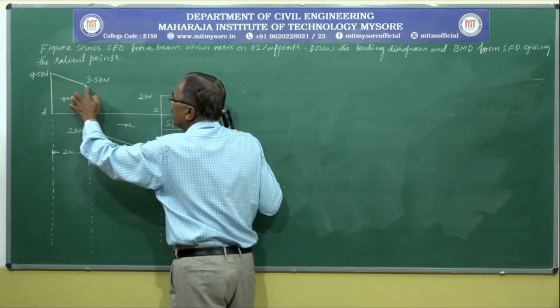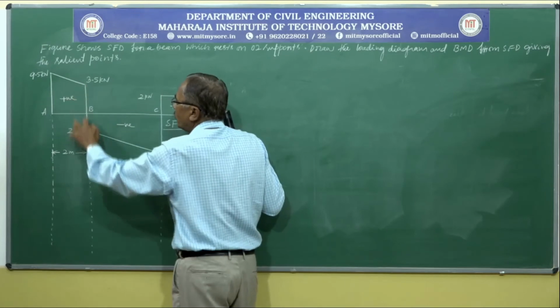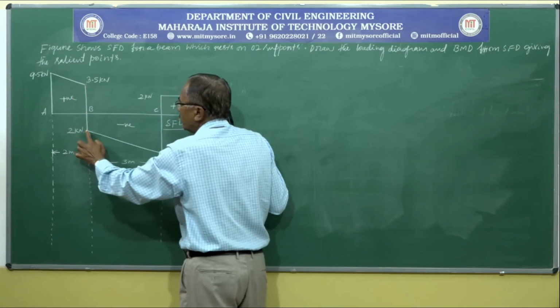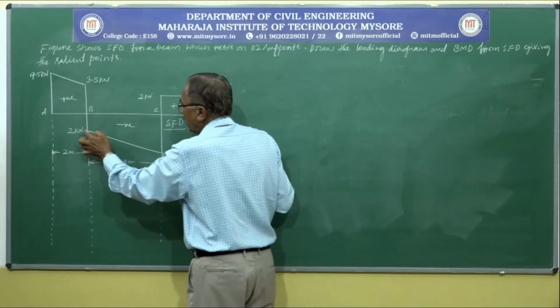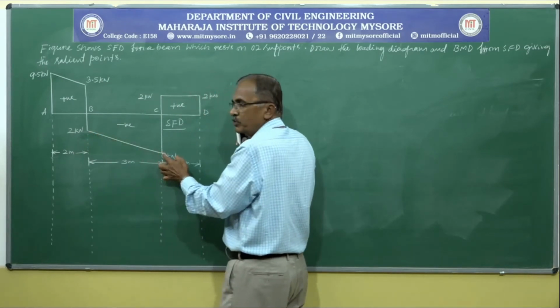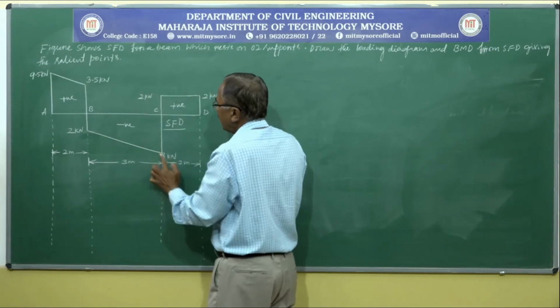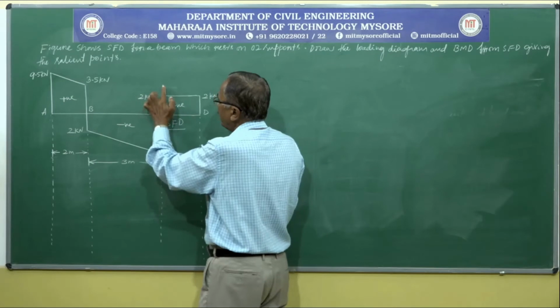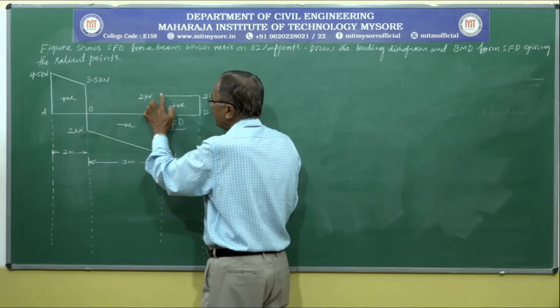Then from here to here there is uniformly distributed load. You can see here there is a downward movement, a point load. Between B and C there is again downward linear variation, uniformly distributed load. Again here at point C there is a vertical line acting in the upward direction. Again this could be another support reaction.